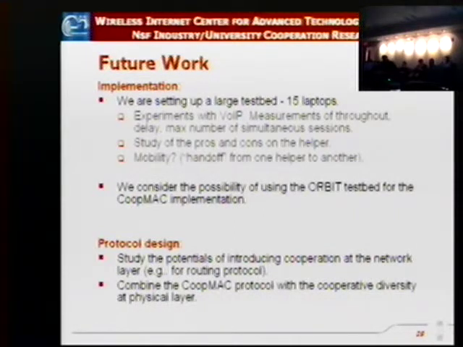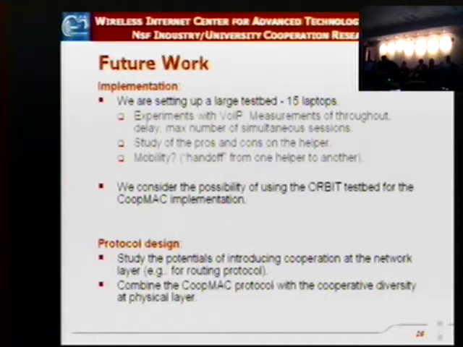On the other side, we try to combine the CoopMAC protocol as I described it with cooperative diversity at the physical layer. So we try to find how the helper and the transmitter can cooperate in the physical layer also, not only in the MAC layer, in order for the receiver to combine the two signals and to get the received packet right.